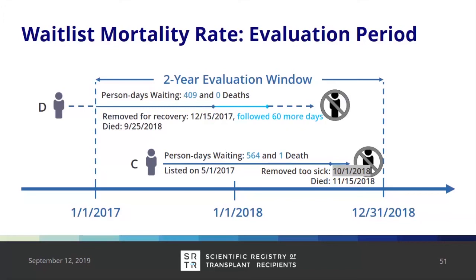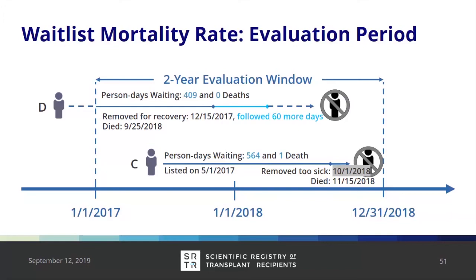So this would be a case where the patient survived that additional 60 days and was not relisted. If they were relisted, we would of course restart following that patient as well. But this death would not count in the mortality model because it occurred more than 60 days after that removal for a reason of recovery that transplant was no longer needed.